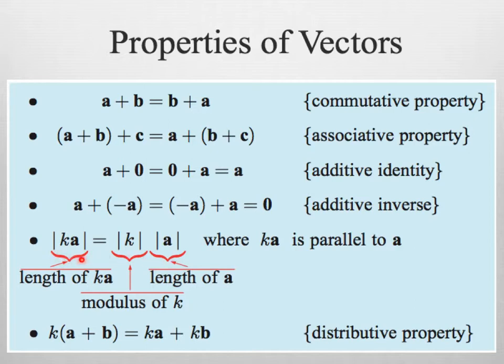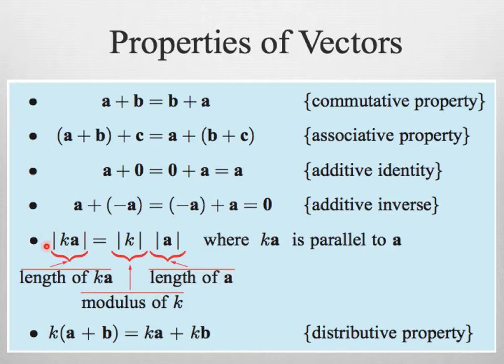This line here might be a little bit confusing, or something that you might need to think about a little more. The length of k a: we're going to use the same symbol in this book, but when these marks are around a scalar, that means the absolute value or modulus. When it's around a vector, it means the magnitude or length of the vector.